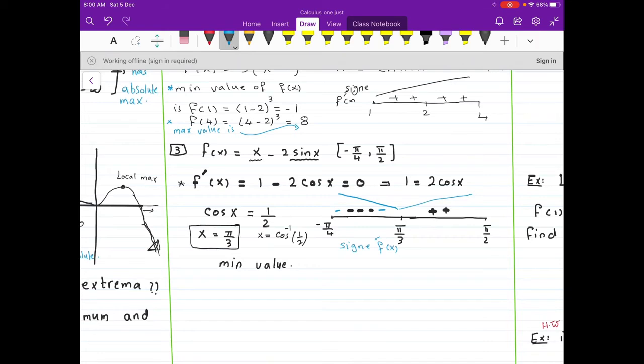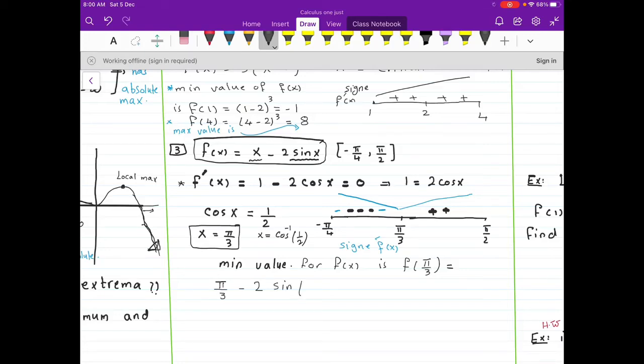So the minimum value for f(x) is f of pi over 3. You substitute pi over 3 in the function. So f of pi over 3 equals pi over 3 minus 2 sine pi over 3.